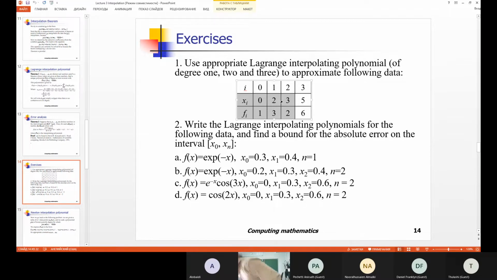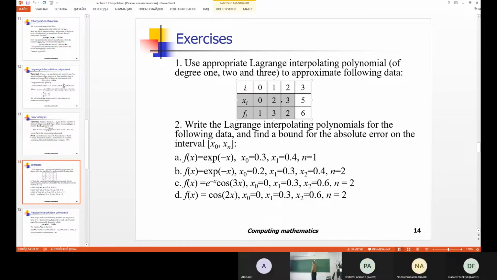As far as here we have six, it's better to write this fraction as times 3 over 6, and here times 2 over 6, and after that simplify it.